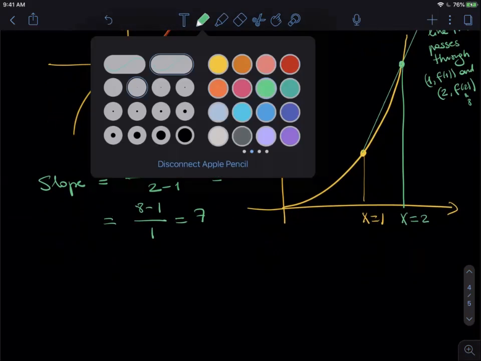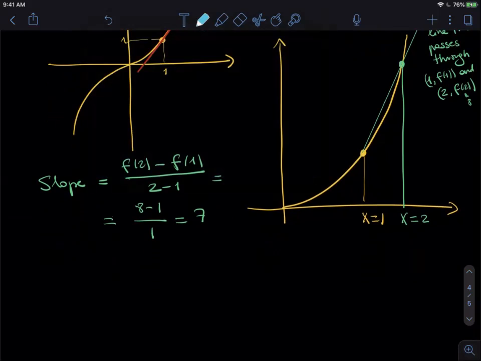But now I could decide, well, why should I stop there? Let me repeat this idea. Instead of 2, let me pick x equals 1.5. Okay, and let me take the second line that passes through that point. Okay, so how do I compute that slope?